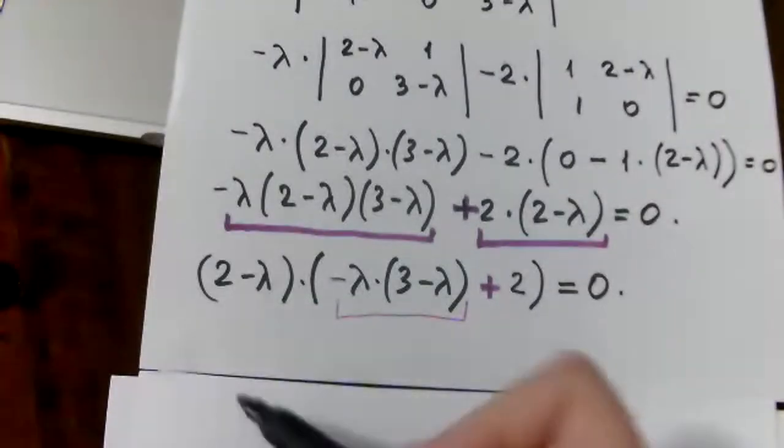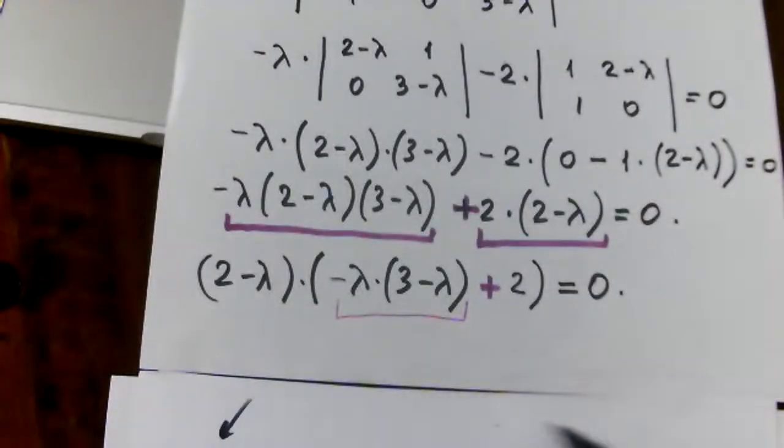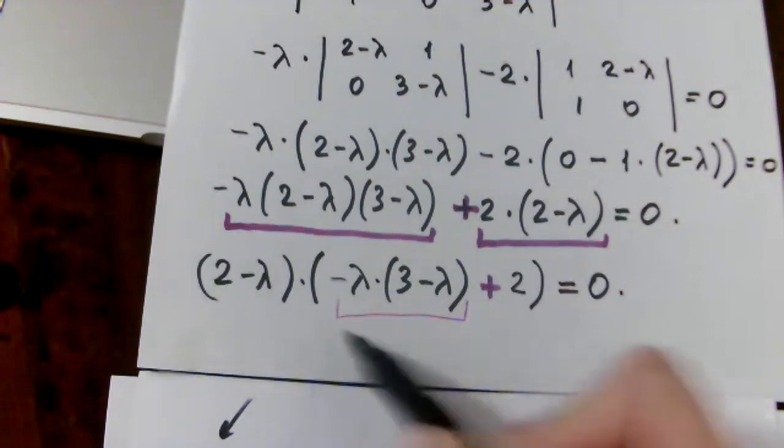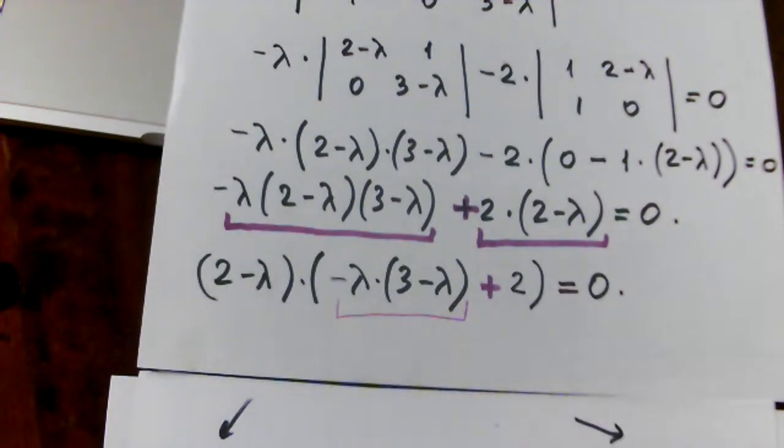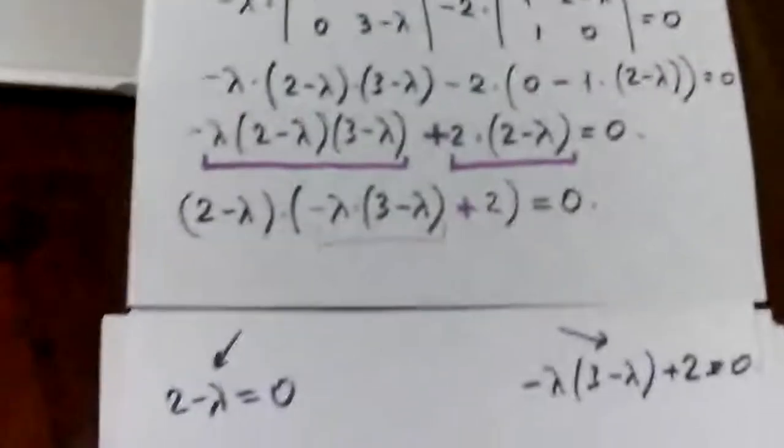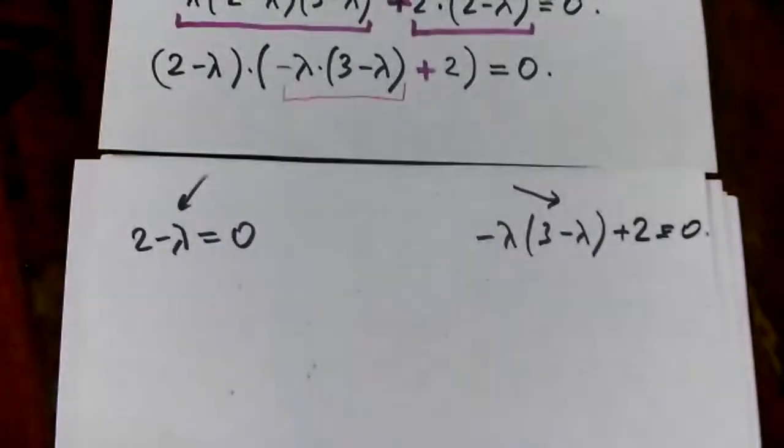How do we usually solve these equations? Very easily. Either the first term is equal to 0, or B is equal to 0. That's it. So it was a very clever move for us to be able to factorize this equation.